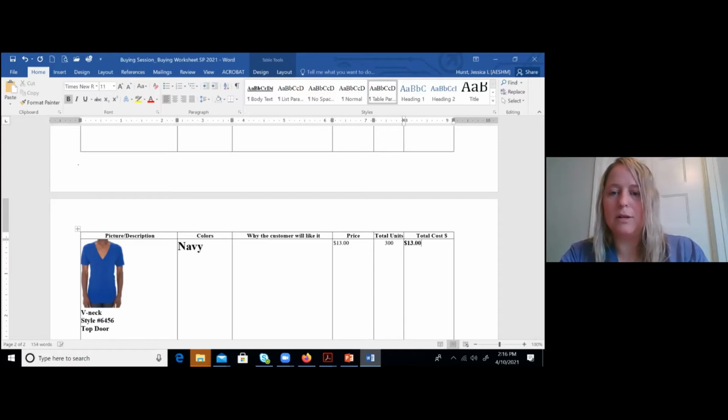So my $13 times 300. You want to get your calculator out or your phone. That's 3,900 plus my 5,500. So I've already spent $9,400 with just those two styles. So again, your money will go quickly.